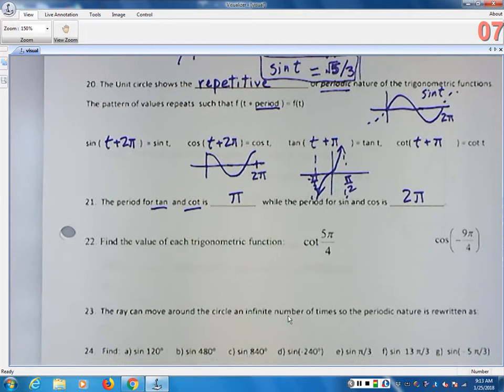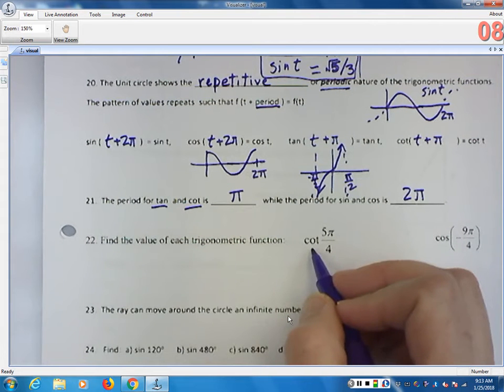Okay, and if we want to find the value of each trigonometric function, say cotangent of 5 pi over 4. Let's see, are we starting to use the unit circle here? Well, okay.